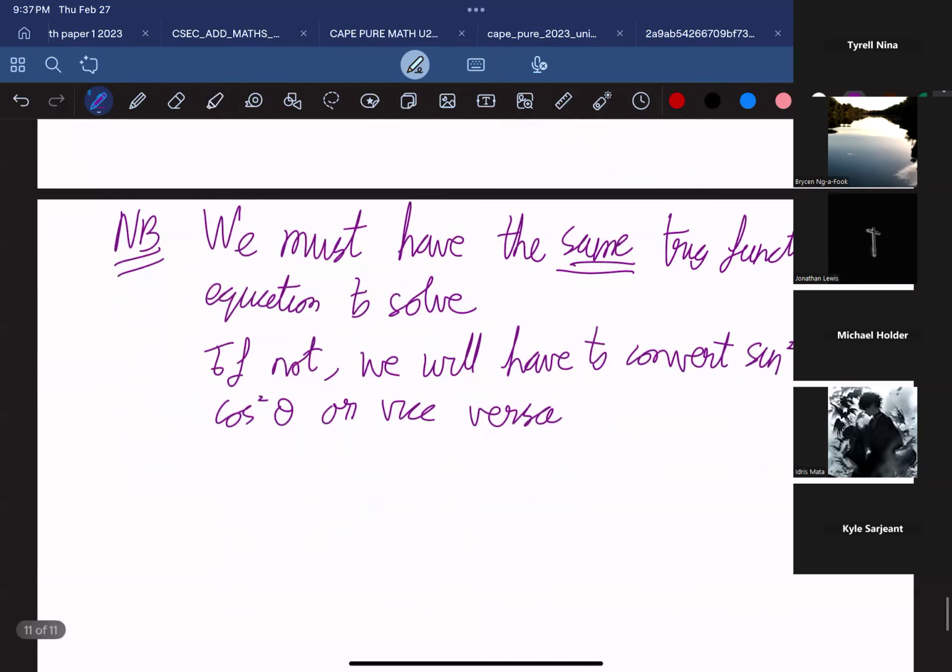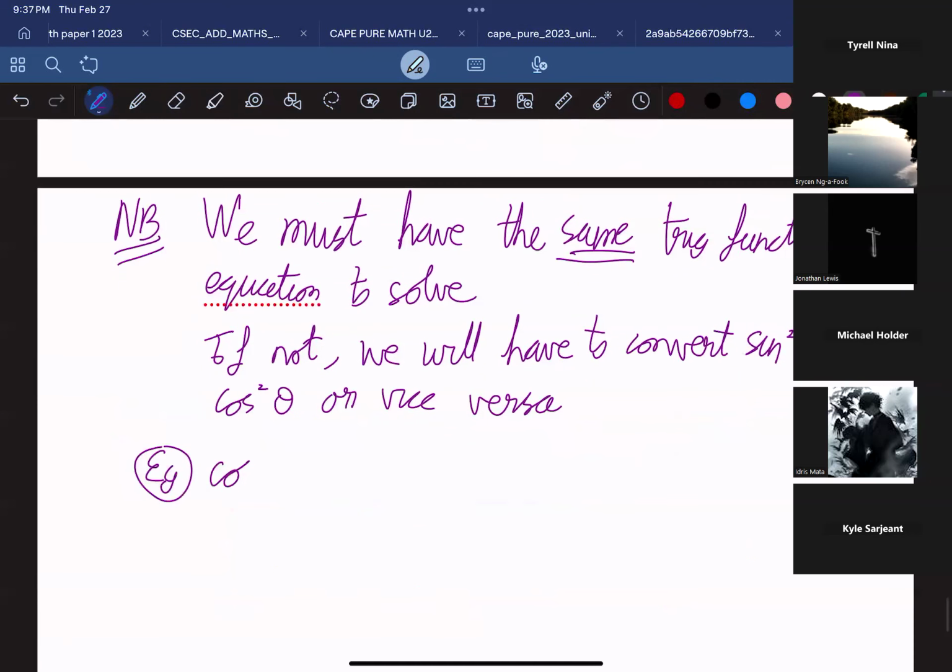So for example, if I have cos squared theta minus sine theta plus 1 equal to 0, let me make sure that works out. Yeah, that works out.